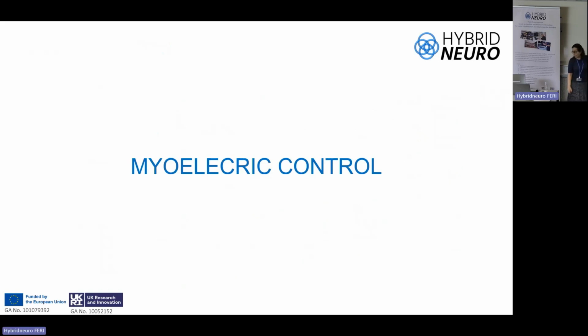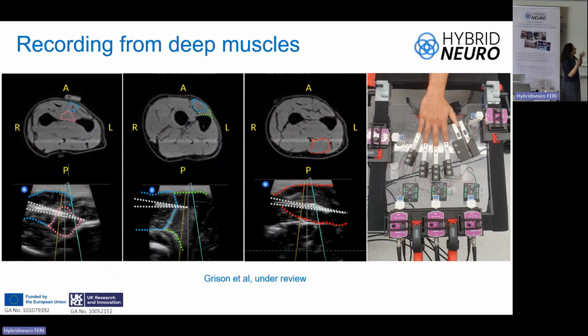Now, the next two applications are more related to myoelectric control. I apologize, it's not spelled properly. So, control of neuroprosthesis. This is a study hopefully almost accepted by Agnese Grison at Imperial College. And what she has done is to use the high-density electrode that I just described to record from forearm muscles.